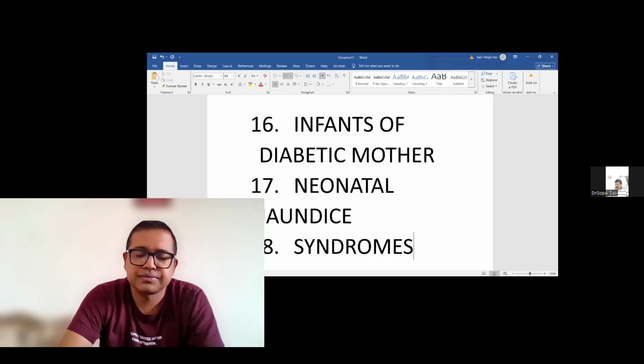But in Crigler-Najjar syndrome, there are 2 types. Type 1 is autosomal recessive and type 2 is autosomal dominant. It is also unconjugated, but it is a severe form. Rotor and Dubin-Johnson are rare. There is conjugated hyperbilirubinemia.